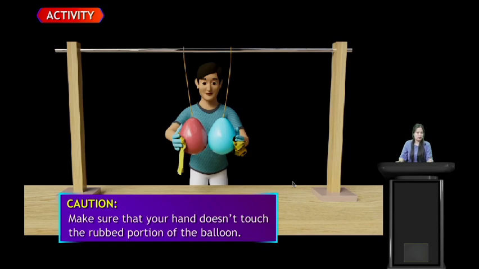Why? Because we have seen that when we rub a specific material on an object, it acquires a small electric charge. So, in order to avoid getting a shock, make sure that your hand doesn't touch the rubbed portion of the balloon.